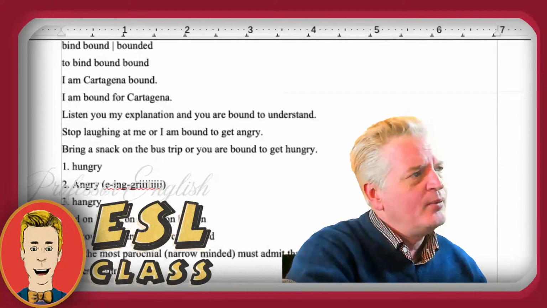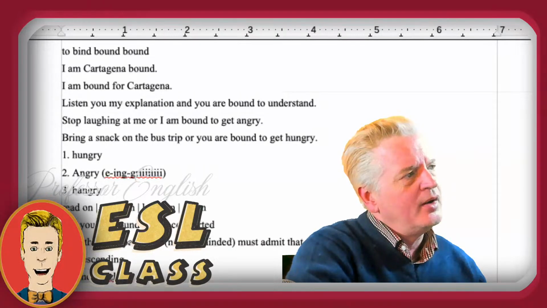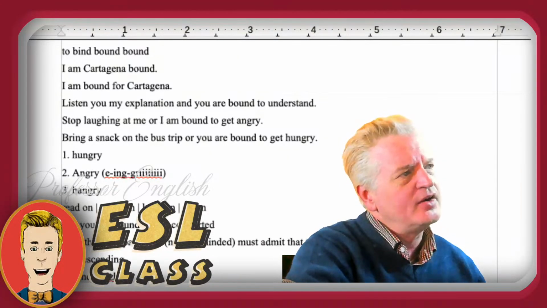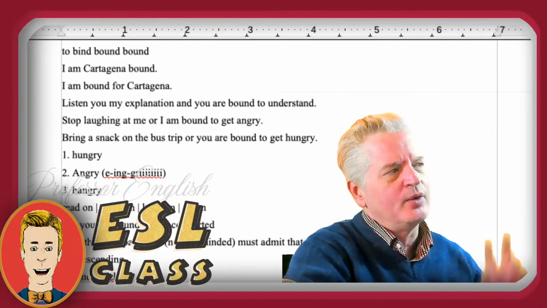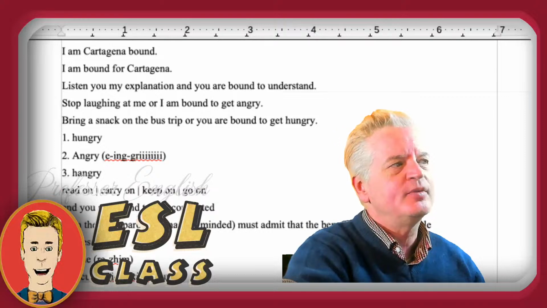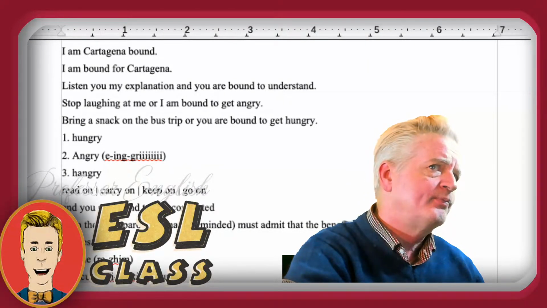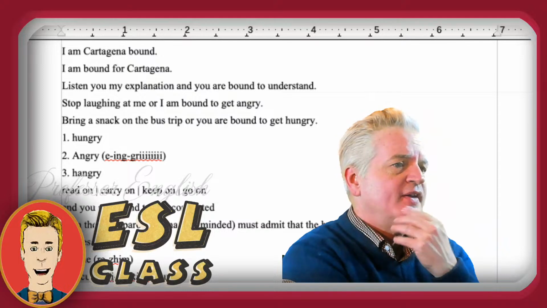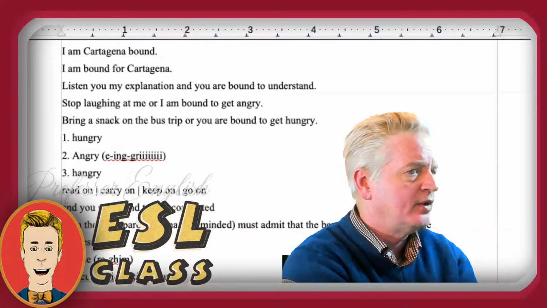Bind, bound. Why were we talking about that word bound, though? Oh, because in the article that we were reading, it said, these are my words, these are not words from the article, "Listen to my explanation, and you are bound to understand." What do you think that means? That's pretty common to use bound in this way.